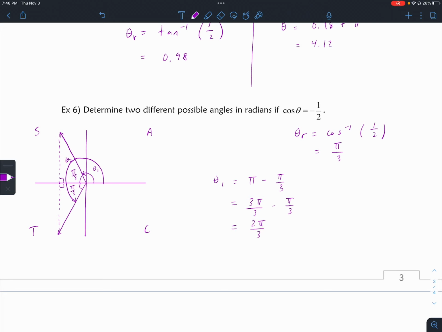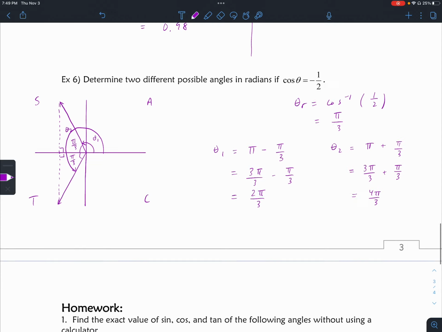Okay, so that's the first principal angle here. Now the second angle is in the third quadrant. And to get this one, we would take pi, and we would add the related acute angle, pi over 3. So 3 pi over 3 plus pi over 3 is 4 pi over 3. So those are the two possible angles here in radians.